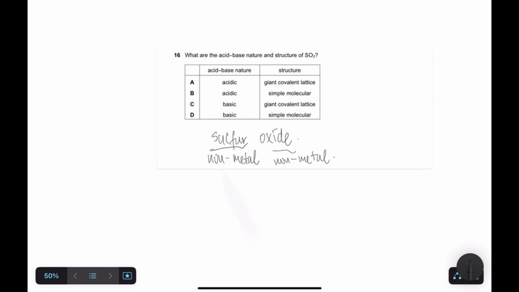Therefore, a nonmetal oxide is acidic. And the structure of sulfur oxide shows a simple molecular structure. So the answer is B.